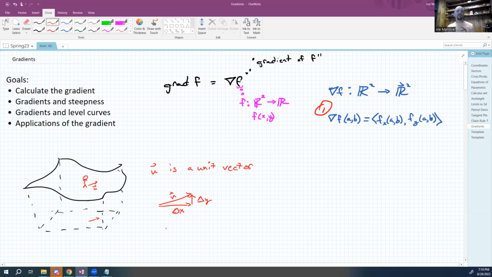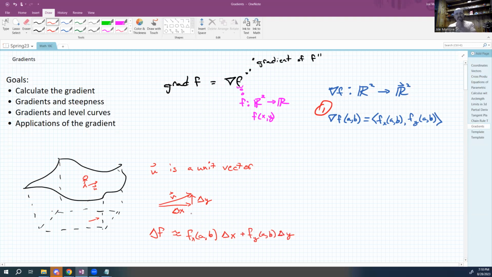So I'm literally just going to use the same stuff that I would have used to calculate this tangent plane stuff, right? I'm going to say the change in f is basically the x derivative, so that's fx at (a, b), and then I'd multiply that by the change in x, and then I'd add fy at (a, b), and we'd multiply by the change in y there.